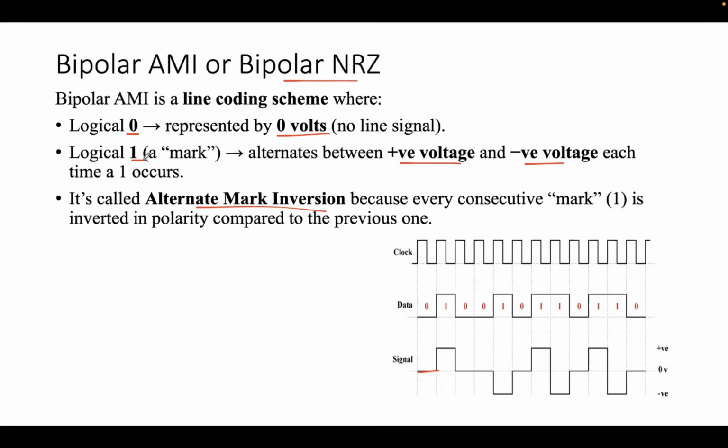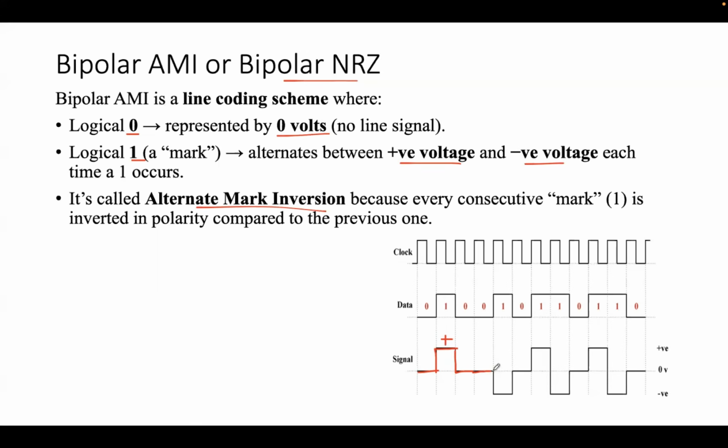And when we get 1, for the first one we are taking positive voltage. Again when we get 0, voltage should be 0. For the second 0 also, signal voltage should be 0. For 1 again, earlier for this one we took positive, so you should observe it alternates between positive and negative voltage.